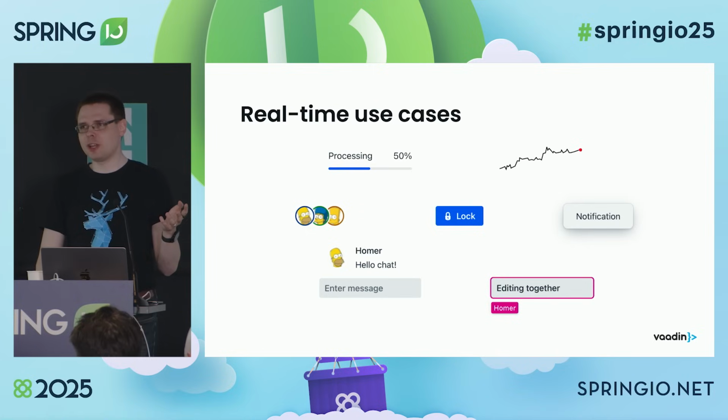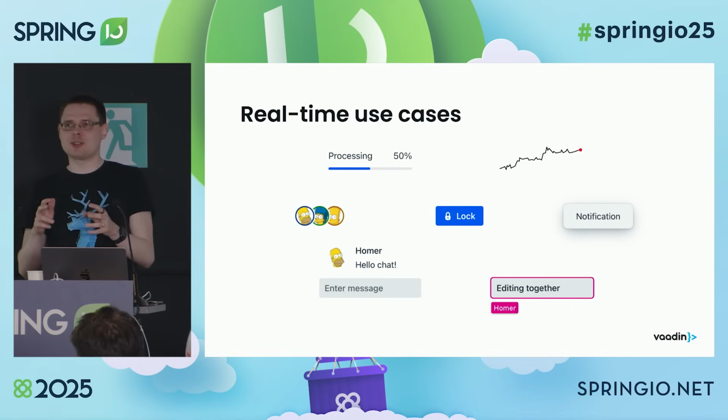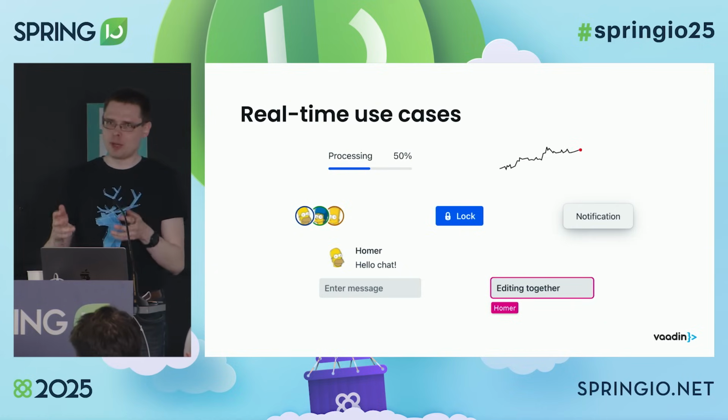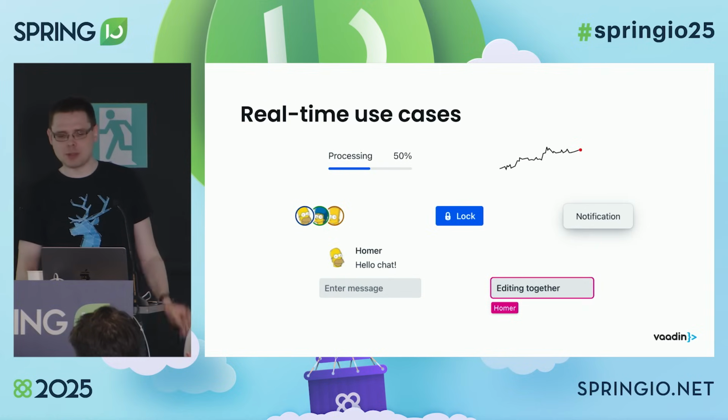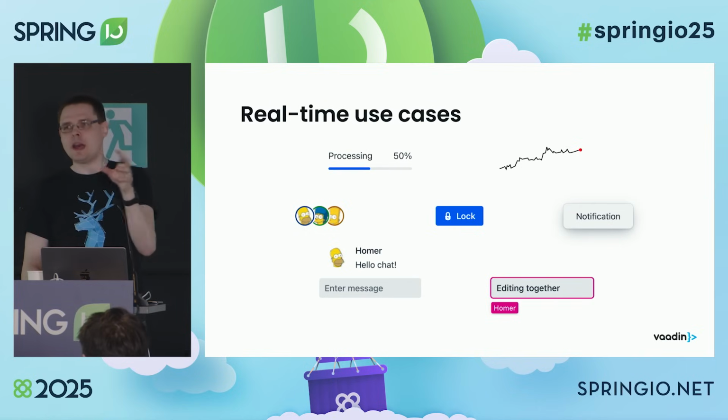Then you're not collaborating, you're avoiding collaboration, you're avoiding conflicts, making sure that you can do some edits without being worried that someone else does something that conflicts with that. There's notifications. Basically, the application tells you that now there's something of interest for you, and then you can react to that.